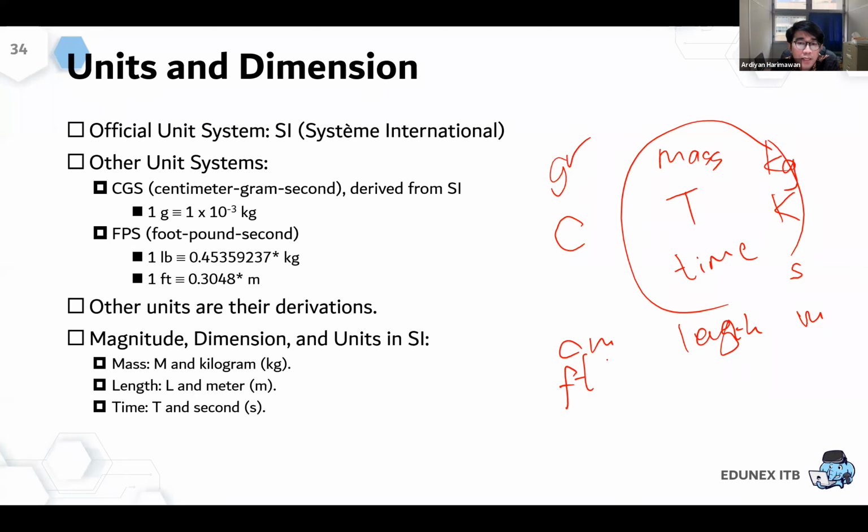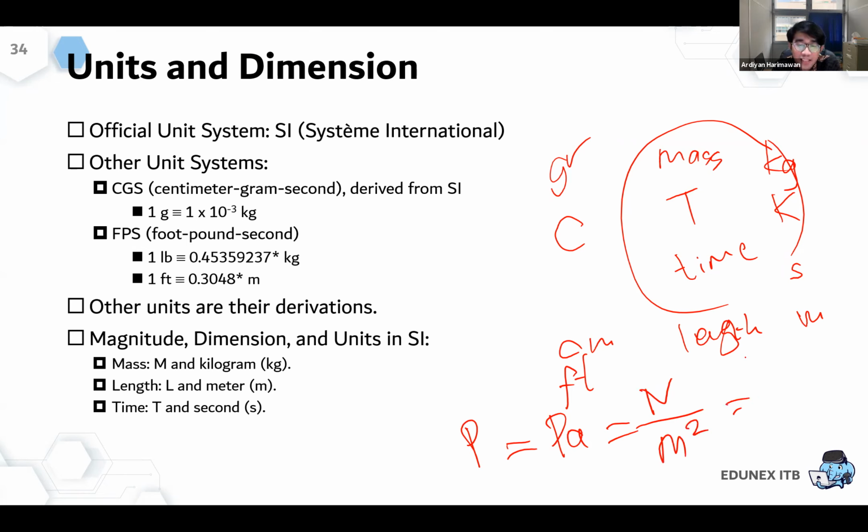Okay, maybe one tip: you memorize the standard units, and then you can memorize what we later call the homogeneity of the units. For example, if we discuss pressure, it will be in Pascal. Pascal will equal Newton over square meters, right?